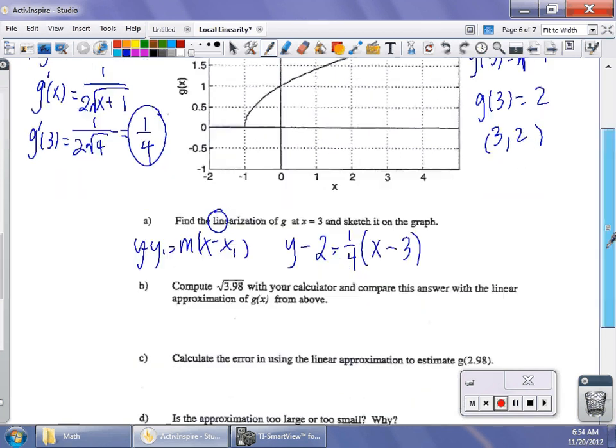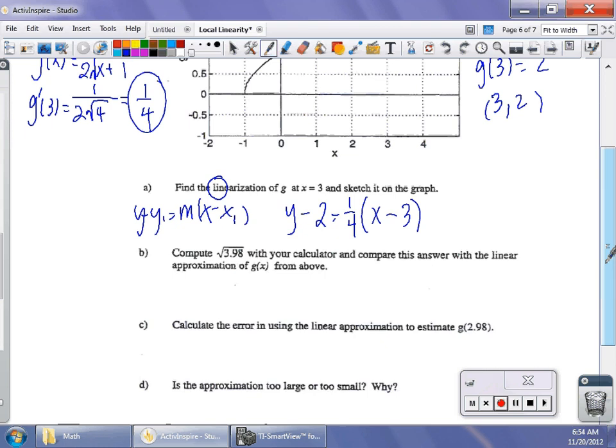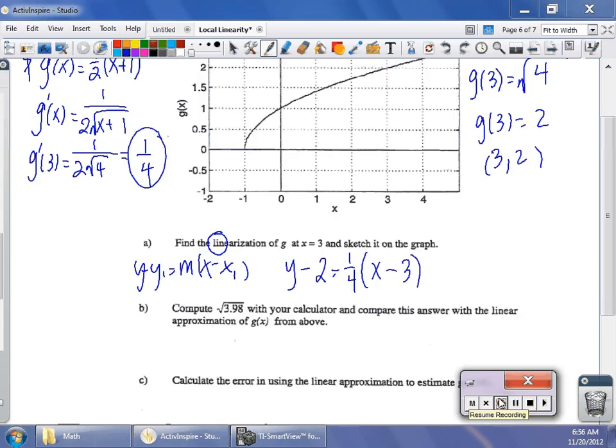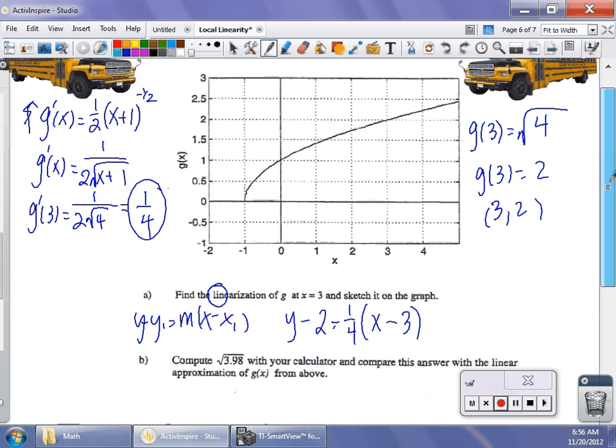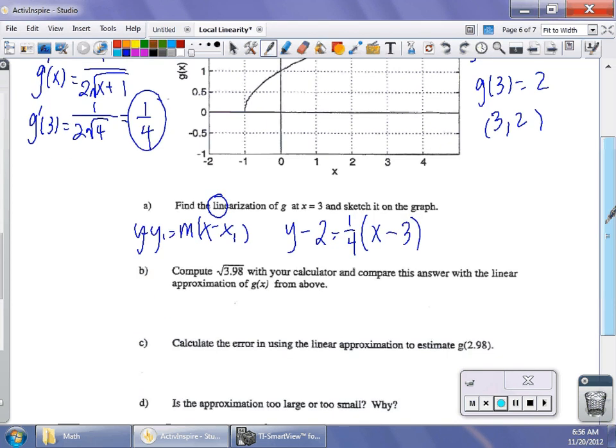All right, the next thing it asks me to do is to compute the square root of 3.98 with my calculator and compare this answer with the linear approximation from above. Now, when they ask us to compute the square root of 3.98, this is a little bit of a tricky problem. Not sure why they wrote it this way. Remember that g of x is equal to the square root of x plus 1.